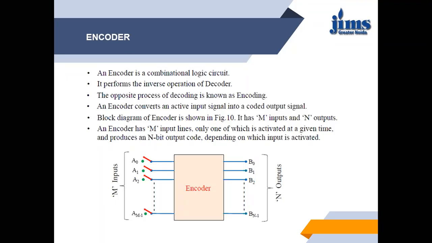So an encoder has m input lines, only one of which is activated at a time, and produces an n-bit output code depending on which input is activated. From the block diagram, it is clear that the encoder is doing the reverse process of the decoder, where input and output are totally changed.